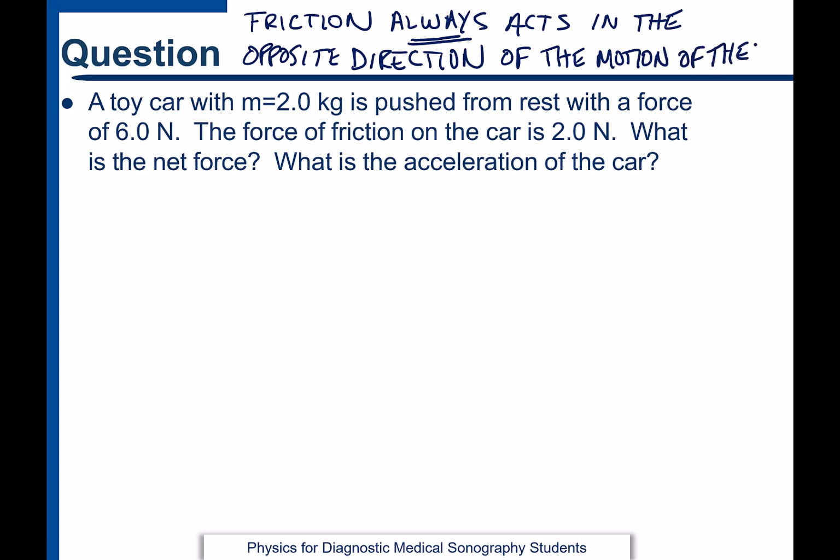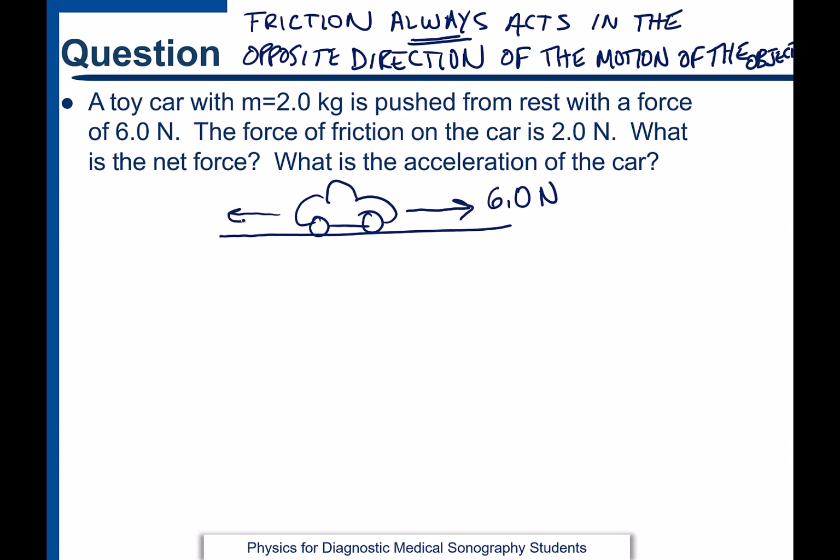Whenever we have a friction problem, we always know that friction is going to be in the opposite direction that we're trying to make the object move in. So here's our car, and we can picture that we're exerting a force of 6 newtons to make that car go to the right, but there's a force of friction in the opposite direction of 2 newtons.